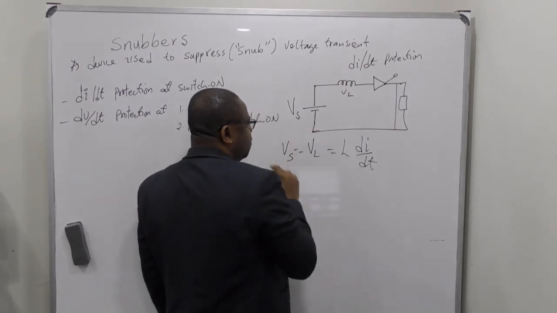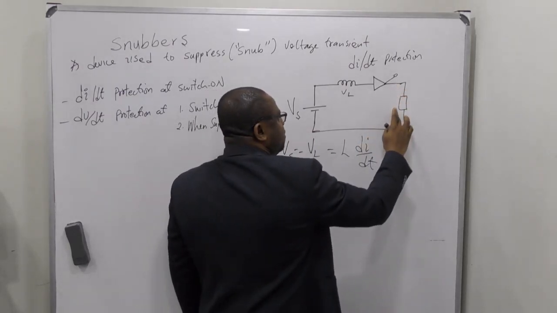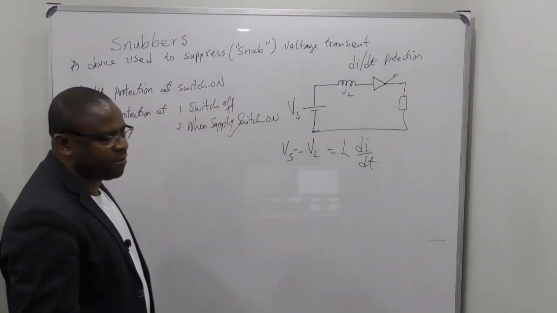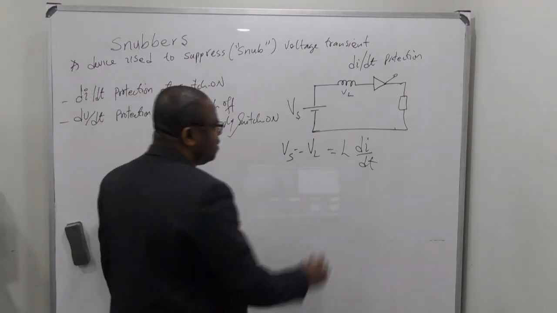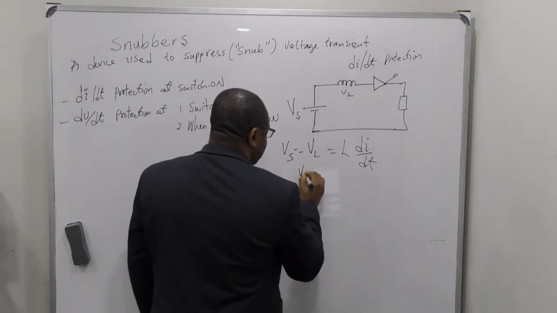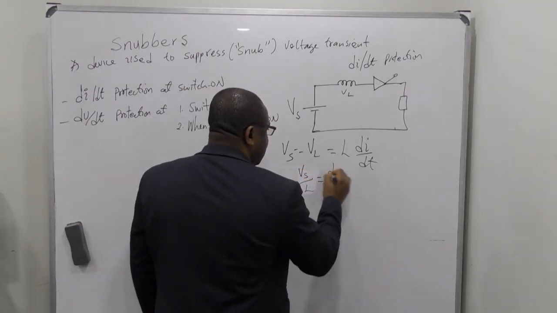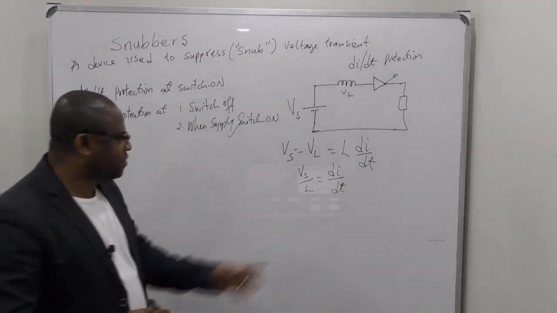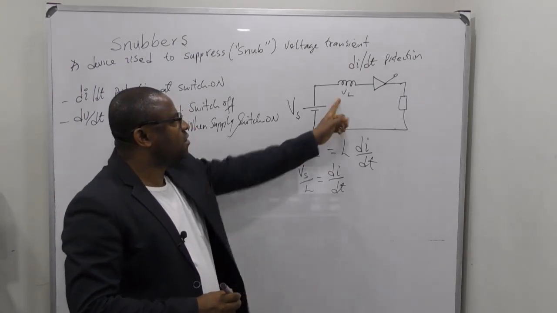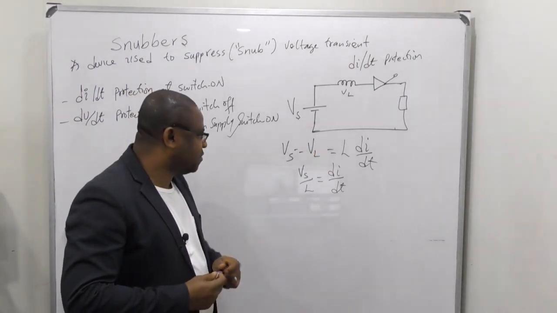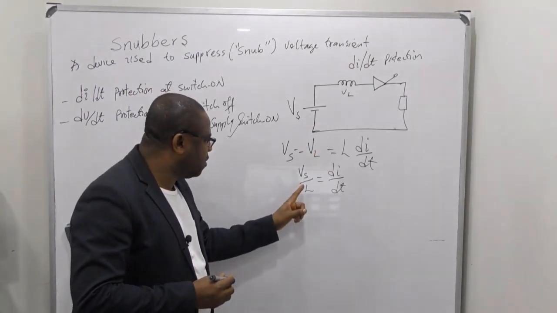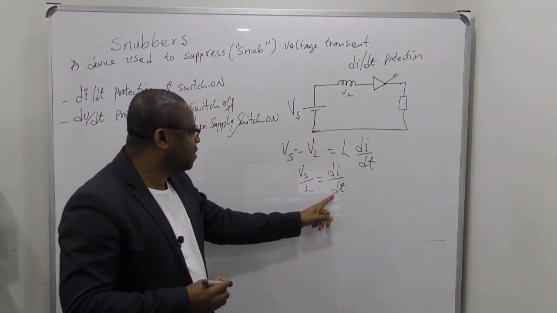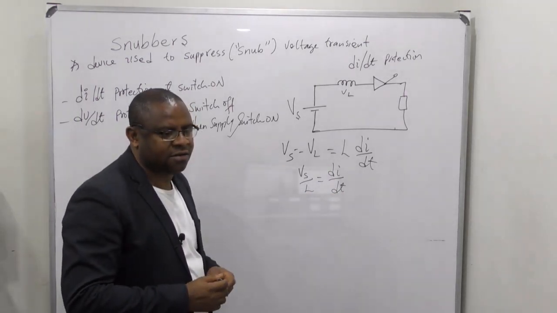So Vs equals VL, which equals L di/dt. So di/dt equals Vs over L. You can use this to calculate the inductance of this inductor, because if you know the source voltage and you know the di/dt, you can calculate the inductance.